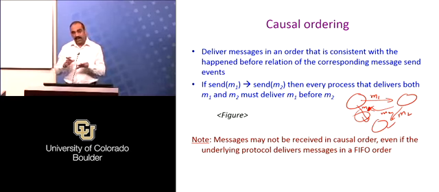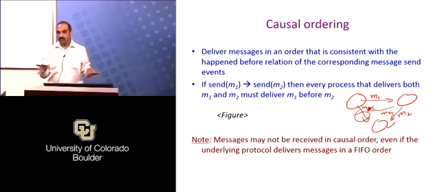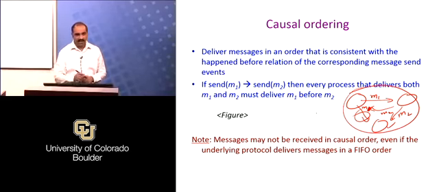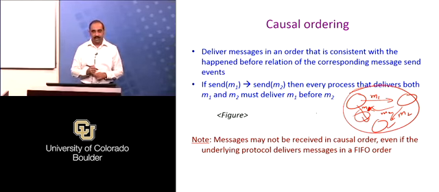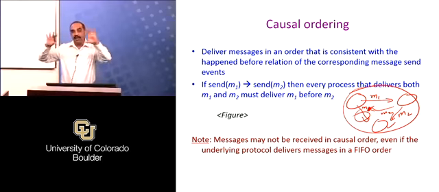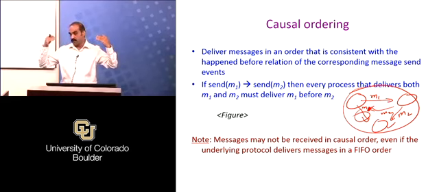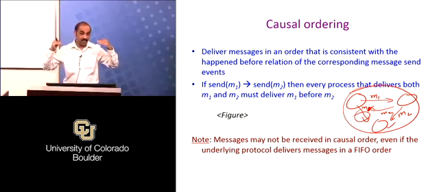In a real system, when we think about ordering, this violation of causal order can happen all the time. Obviously, this is not desirable, and so what you want to implement is a layer that will make sure that the application sees messages in an order that respects causal order.